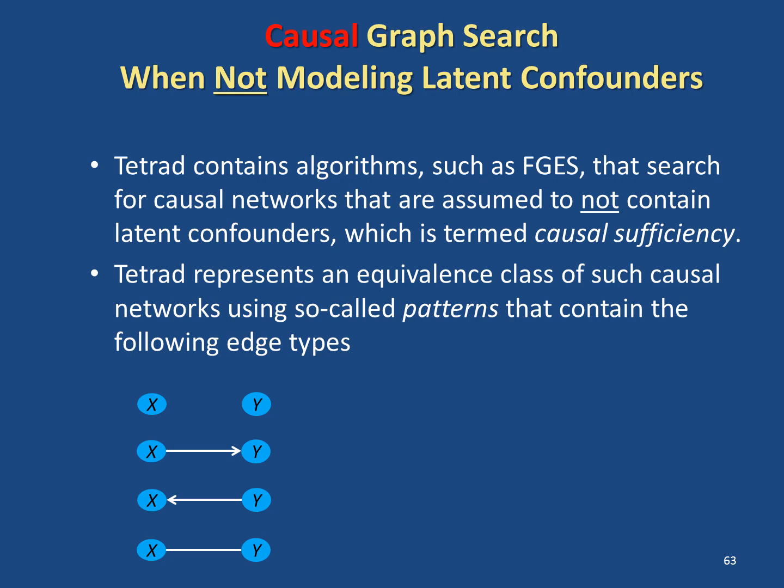Again, it could be that there's no causal relationship between X and Y. X could cause Y, Y could cause X, or you could have this kind of edge, an undirected edge, that basically says you're not sure if X is causing Y or Y is causing X. Okay, but one of the two is the case.